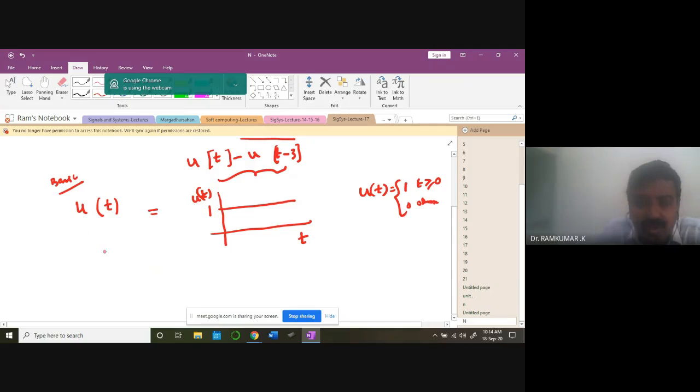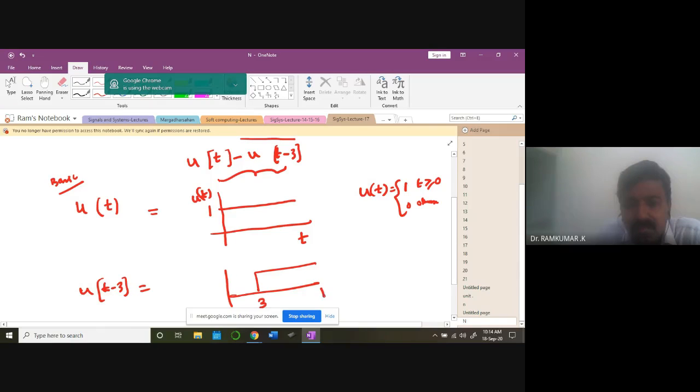Once you know this, then what is U of t minus 3? Same signal shifted like this, by 3 units. So if I am going to define this signal, how do you define it? Can you help me out, Narayana? The value will be equal to 1 for time t greater than or equal to 3, otherwise 0.